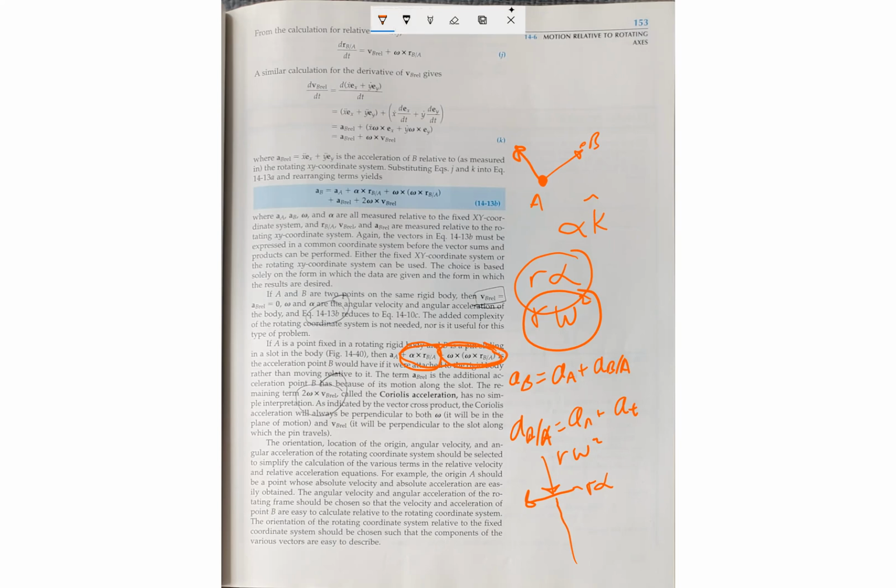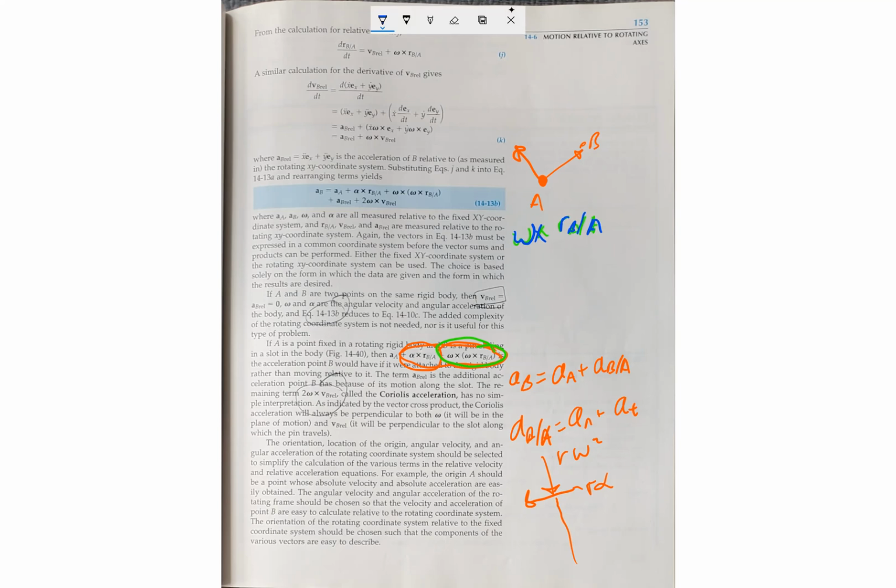So let me change colors so we can keep track of what I'm working on here. Let me get rid of some clutter and work this out. So omega cross r of b relative to a. Maybe this isn't the best color. Let's do blue.